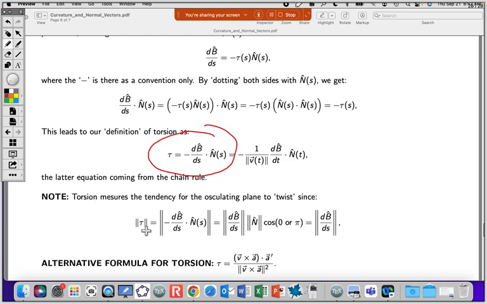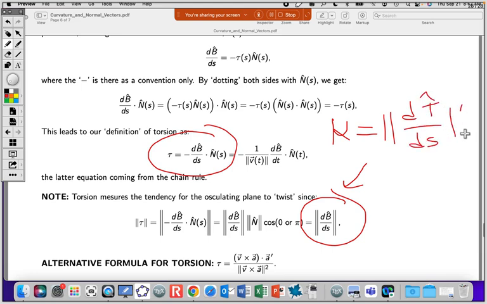If we take the magnitude of torsion, we get to here. And so torsion is defined in the same way that curvature is. Remember, curvature was defined as the rate of change of t hat with respect to s. So how your direction along the curve, the direction you're going, how fast that changes with respect to how far you've gone.